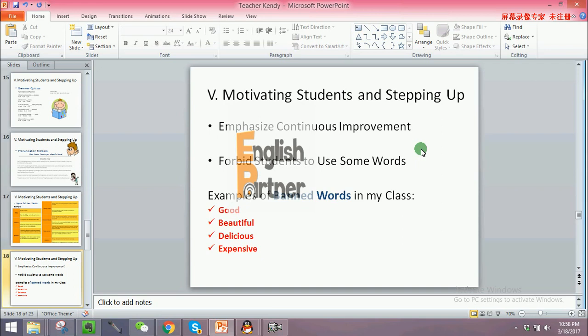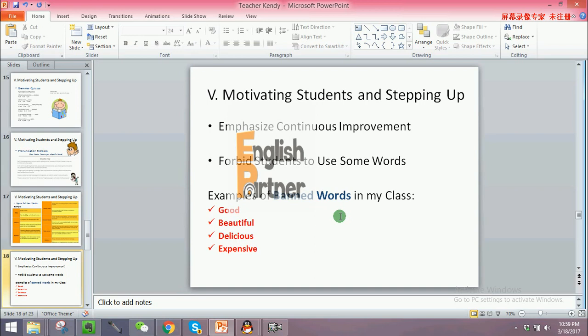And these are some examples of the words that I ban in my class, like beautiful or good. Yeah, good. Actually, good is really the topmost overused word. Yeah, and well, we have to accept it.